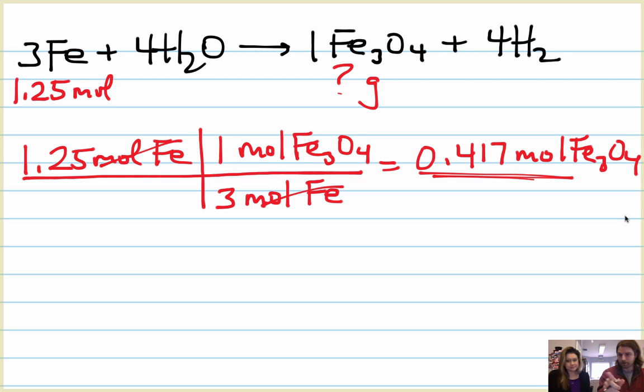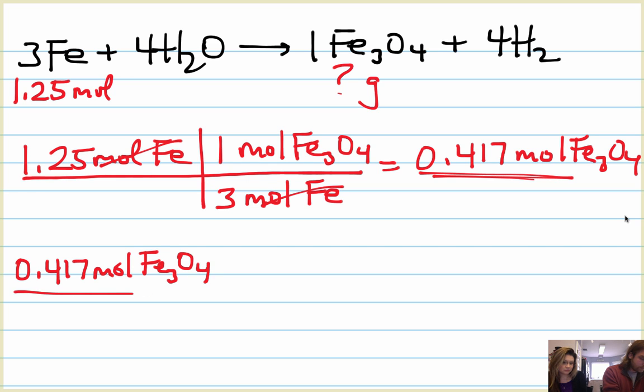We're not quite done yet. We're using our sig figs here, 3 sig figs. We've got to do one more step. We've converted from moles of iron to moles of Fe3O4. Now we need to go from moles to grams of Fe3O4. So we're going to do that by putting what we found here, moles of Fe3O4, on a train track.